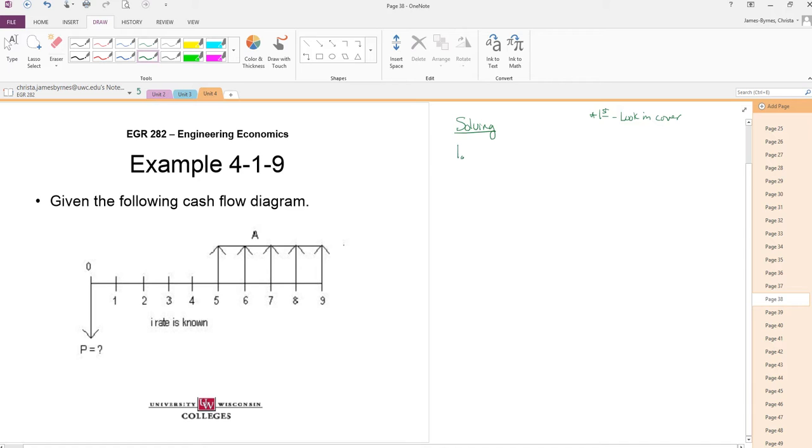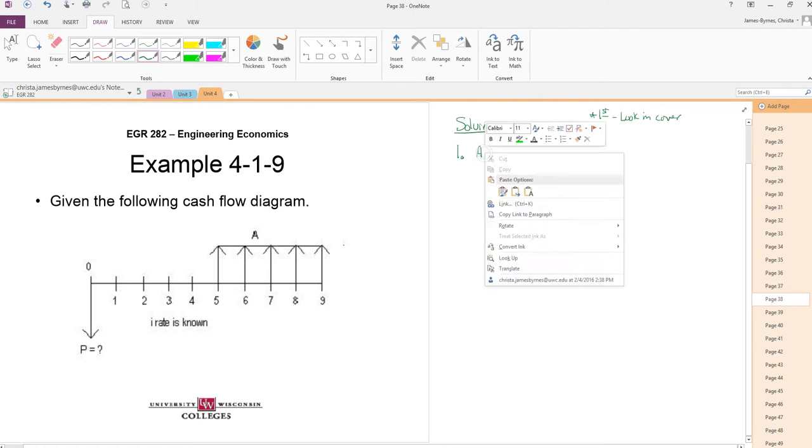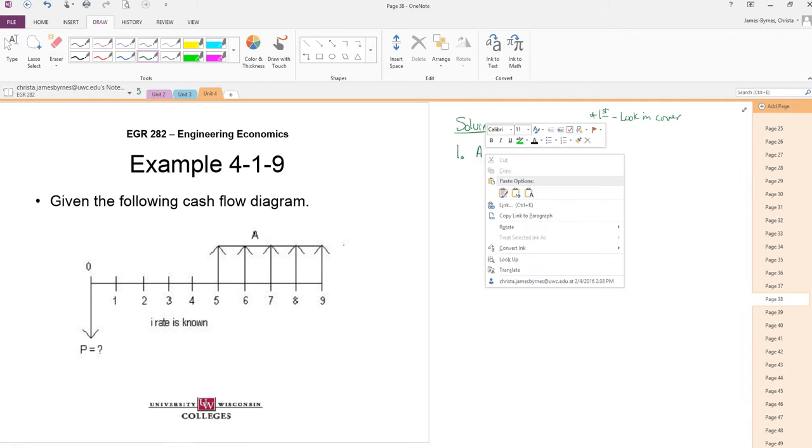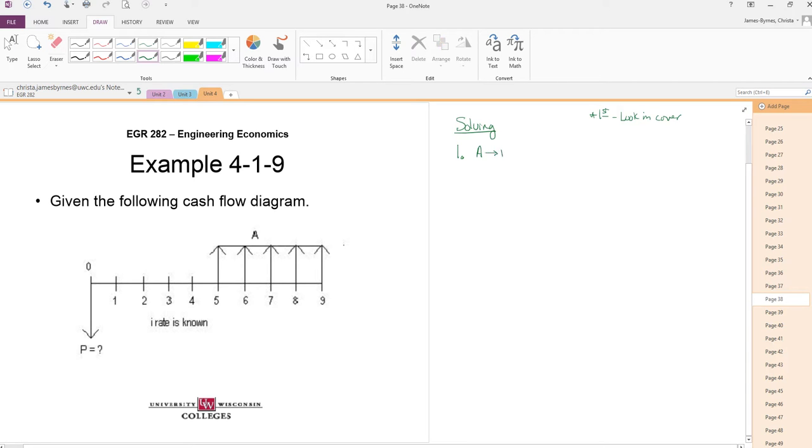Method number 1, and I'm going to keep changing my pen color so you can follow me. Method number 1 is I can move my A to a P, which we know would be year 4, and move that P to year 0.